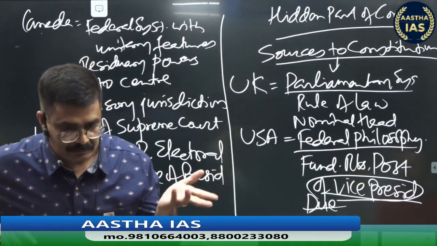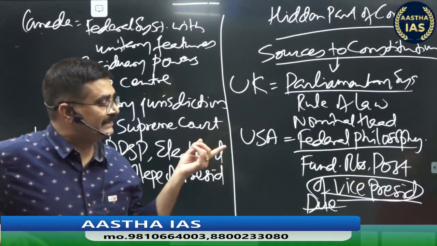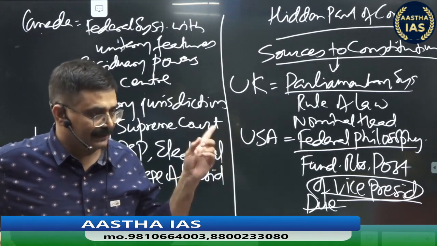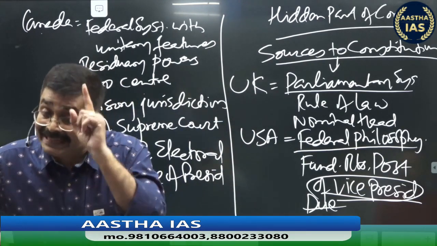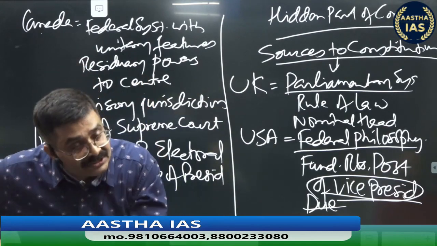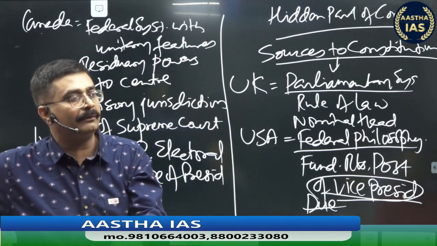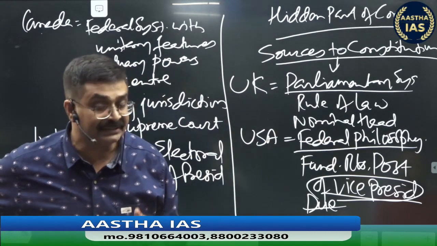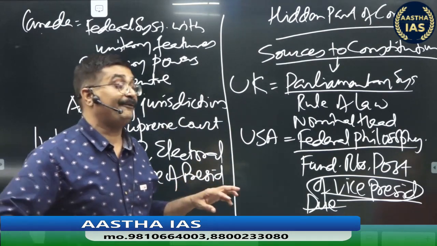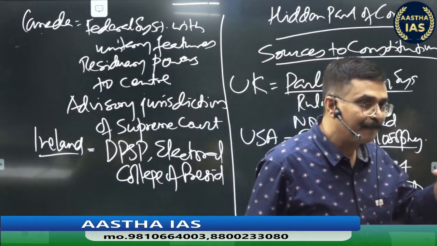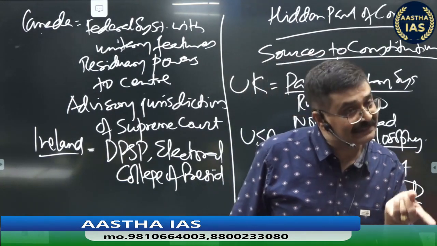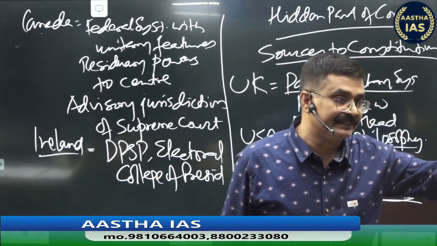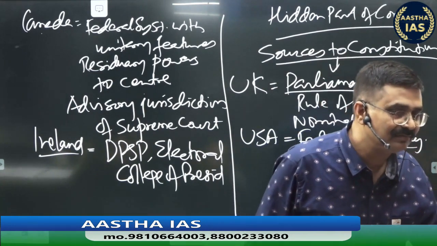In America also, in case of vacancy in the post of president, the vice president takes over. But in India, within 6 months, new election for new president is must. And the election is there for 5 years. In America, the vice president functions as president to complete the term of 4 years. There is no fresh election.